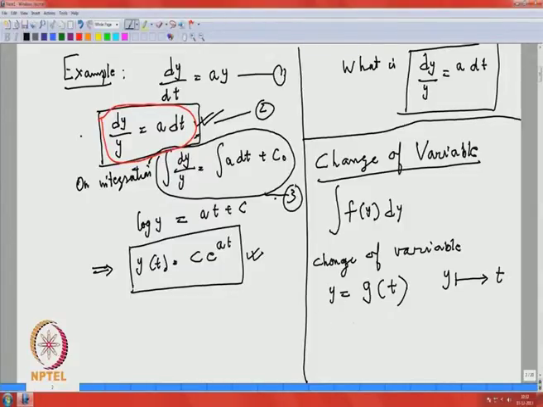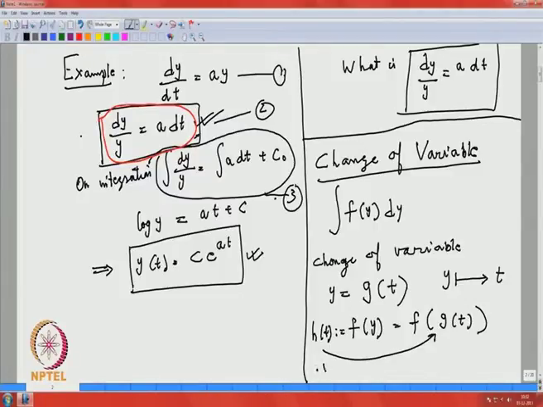In that case f of y will be f of g of t, and thus this can be viewed as a function of t, you see, you have a function of t, and hence we can integrate h with respect to t.